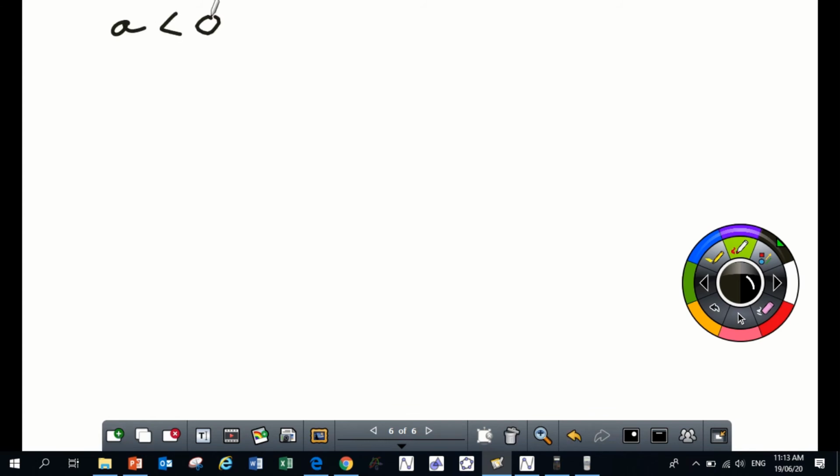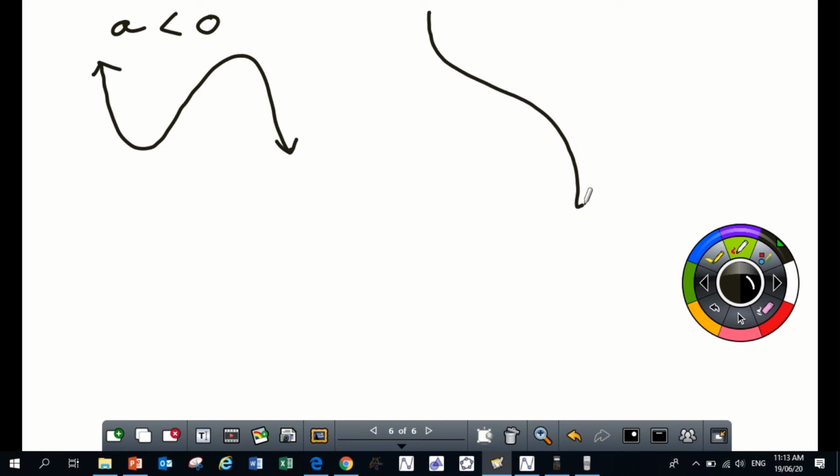When a is less than 0, you start with a minimum, then a maximum turning point. Or you can start from the top and it goes down like that. So you can also have a case like that. So those are the shapes.